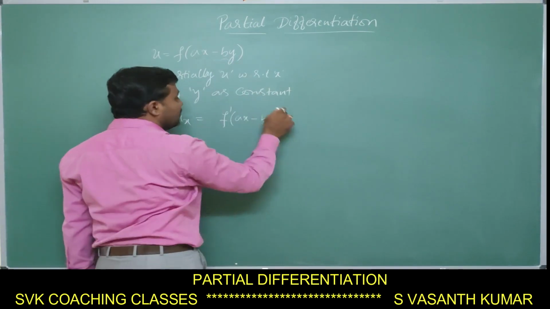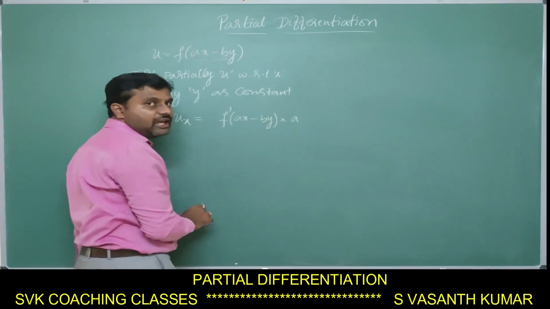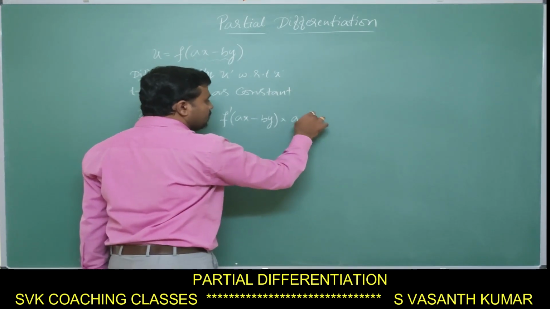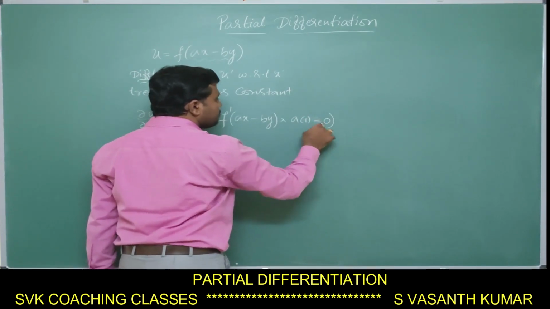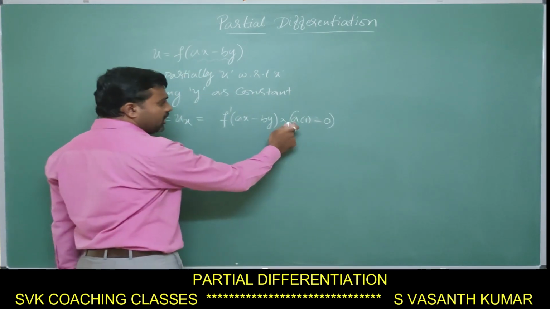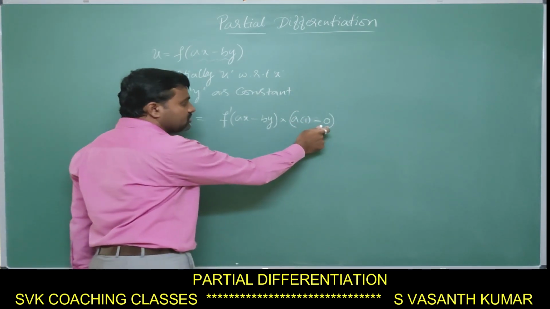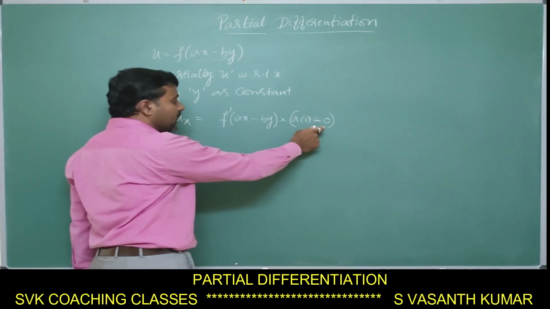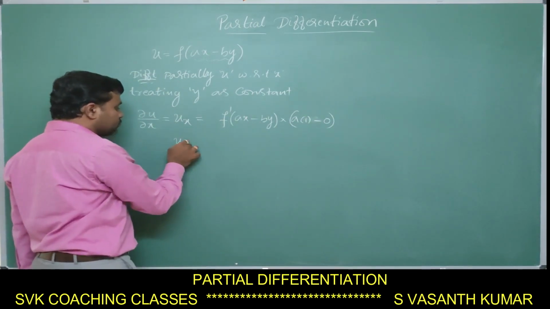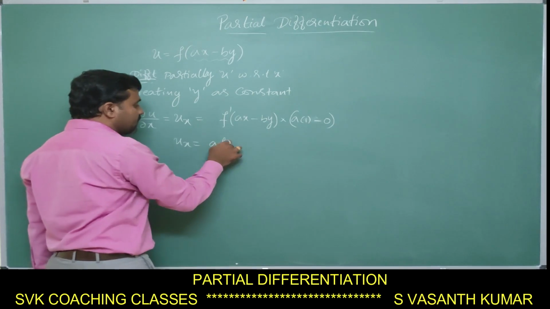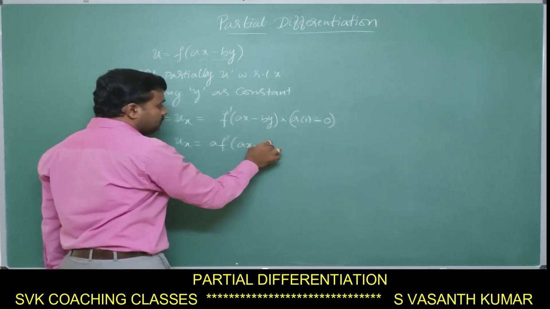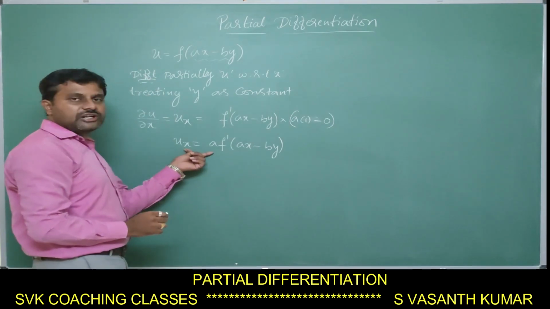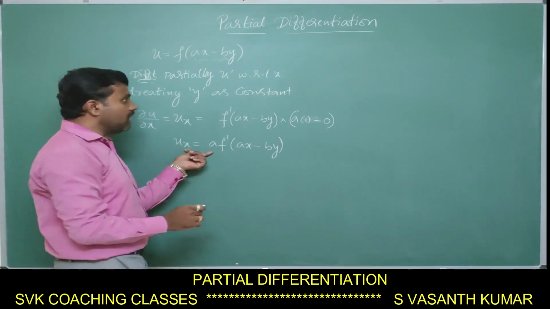The derivative of ax with respect to x is a, since the derivative of x is 1, minus the derivative of a constant, which is 0. So ux is a into f dash of ax minus by. This is the partial derivative of u with respect to x.